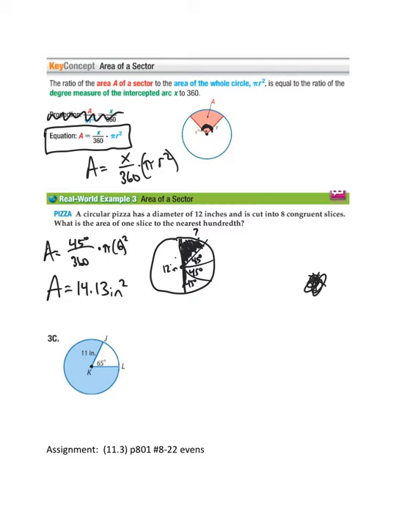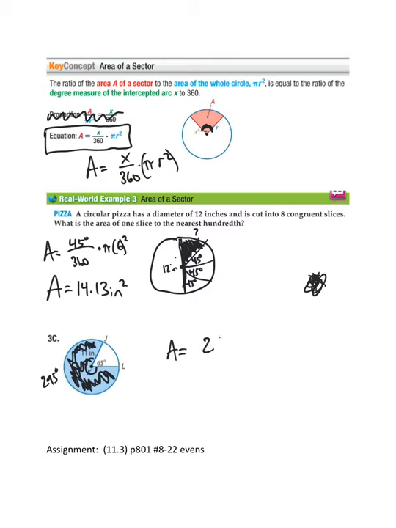All right. You guys got one more sector problem here. I believe we're actually trying to find the blue region. So be careful if it says shaded region or something like that. Make sure you know what area you're looking for. So that central angle, guys, we're looking for that measure. So we'll just do 360 minus 65. So that's going to be a 295-degree angle.